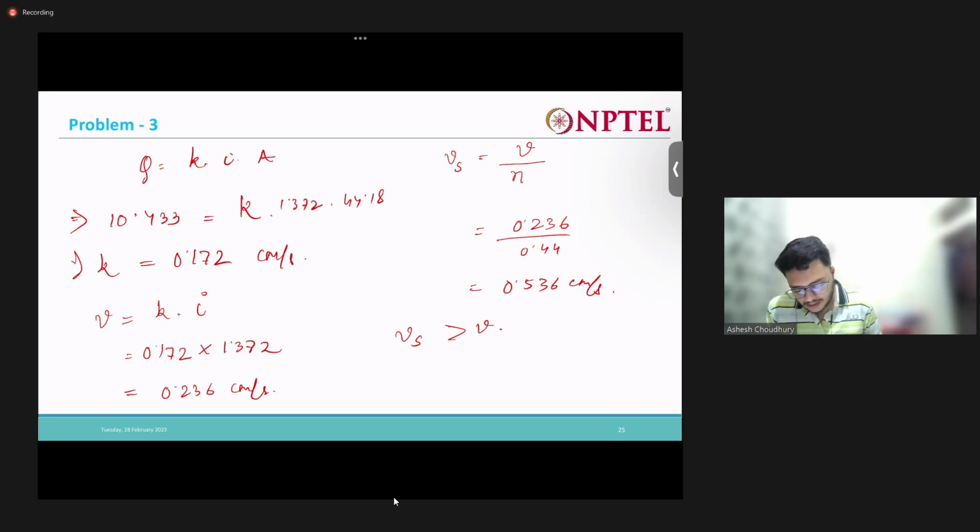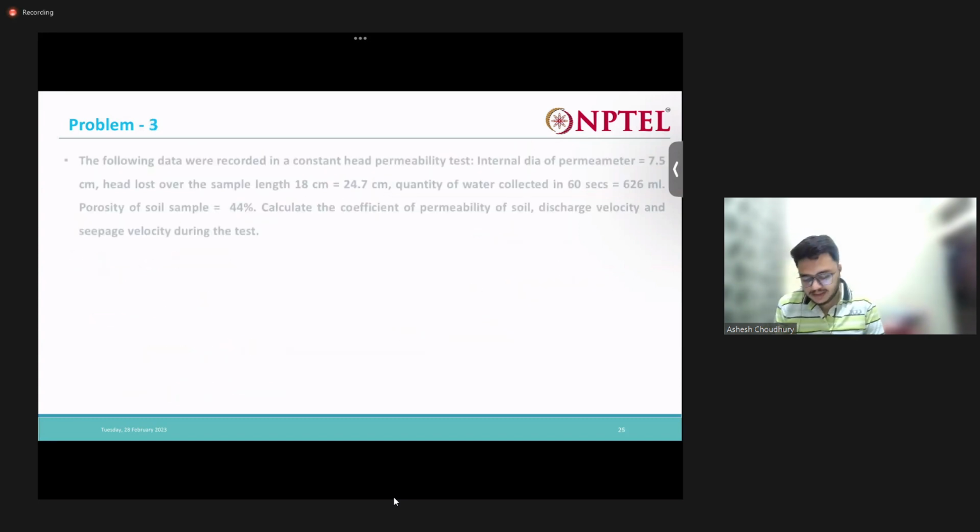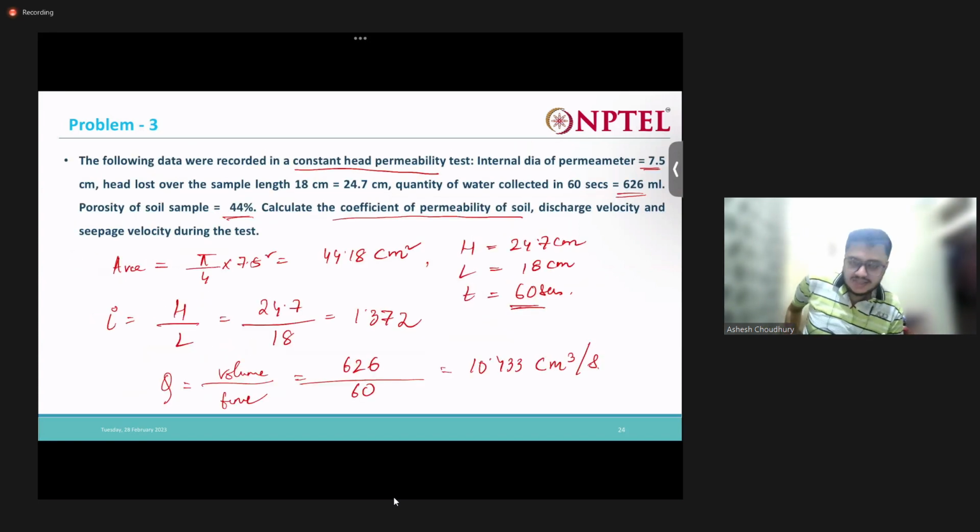Okay, I hope this was clear. So what we did was a constant head permeability test, so the head remains constant throughout the test. We had the Q value, the discharge value. The water collected was 626 ml in 60 seconds, so we found out the discharge value. We also had enough data to calculate the hydraulic gradient.